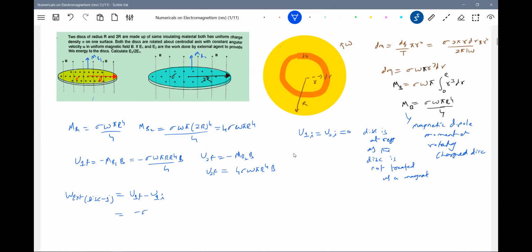So this should be equal to minus sigma omega pi R to the power of 4 by 4 only, no? Okay. Work done by the external agent in rotating the disk 2 is U2F minus U2I.